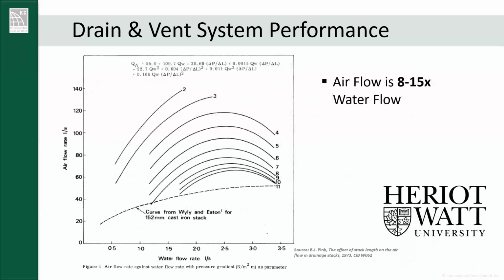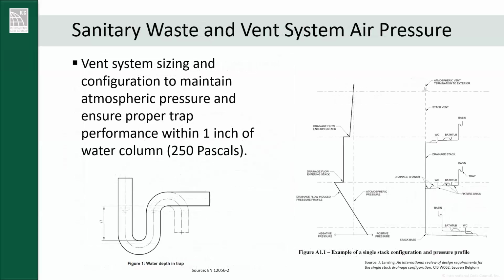So this is a graph that shows the relationship between airflow and drainage flow from Heriot-Watt University in Scotland. Again, this is an illustration of the trap, which you're all familiar with.